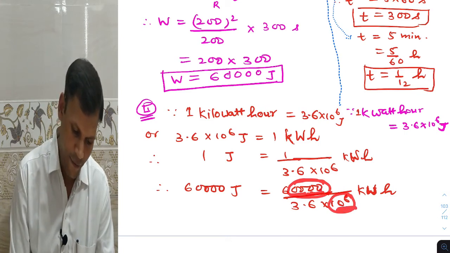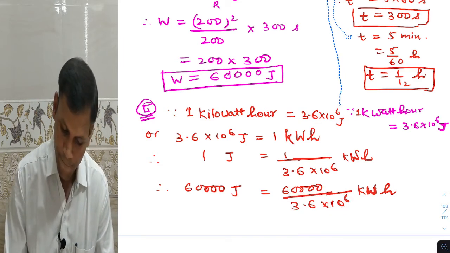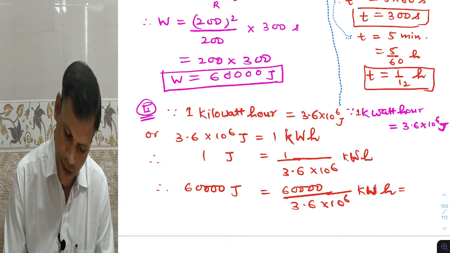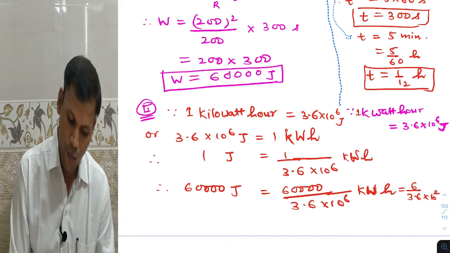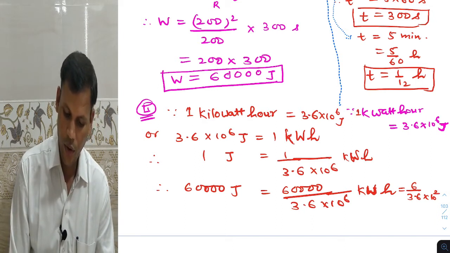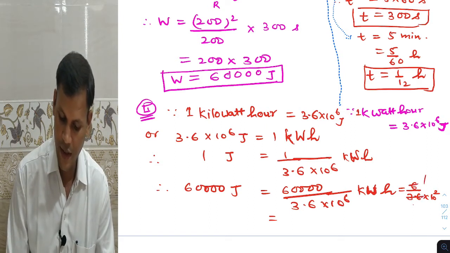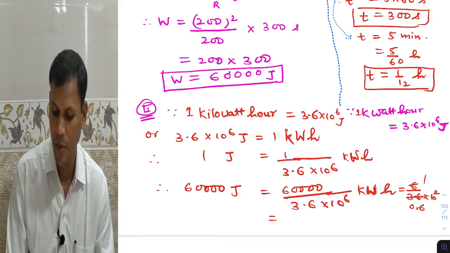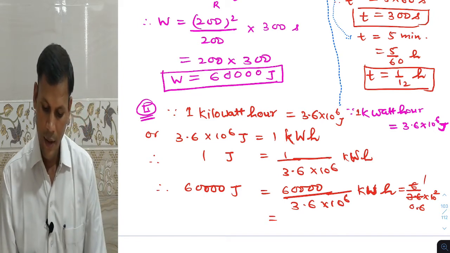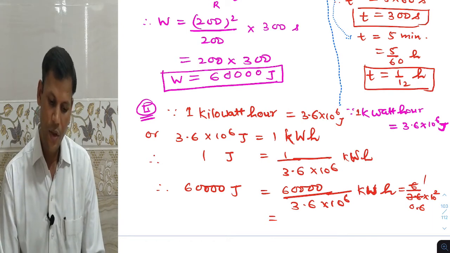So you will get further, आगे हम इसको लिख सकते हैं, it will be 6/3.6 into 10⁻². अब ये 10⁻² ऊपर जाएगा तो 10⁻² हो जाएगा. सो 6 6 जा 36, 0.6, तो 0.6 इंटू 10⁻² मतलब 100 हो गया, तो ये बचा 0.6.